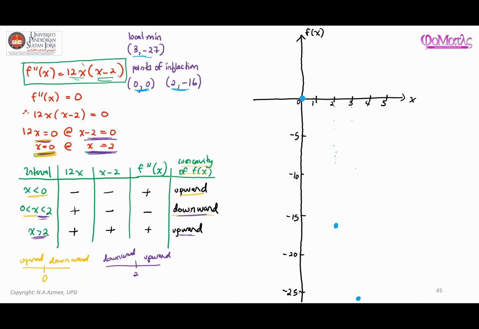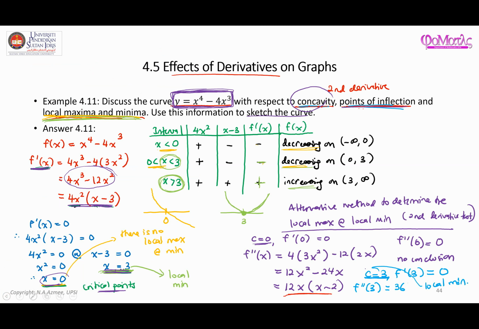When you sketch the graph, first of all, we need to find out the behavior of our curve from 0 to negative infinity. According to this table, it is decreasing.